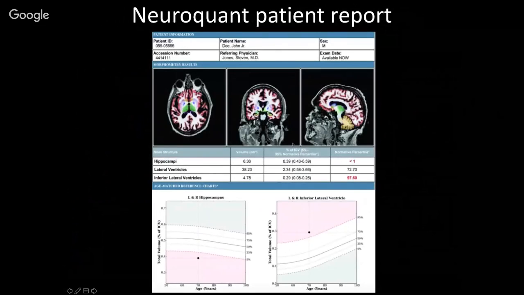And this is the basic report that's generated for clinical locations that are currently using these packages. This is a NeuroQuant patient report, and you can see that there are a couple of different ROIs being interrogated for cortical values. The anatomical images you see on the screen are color-coded.